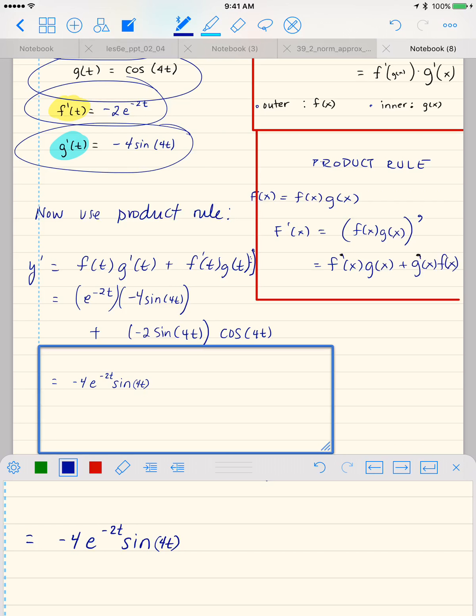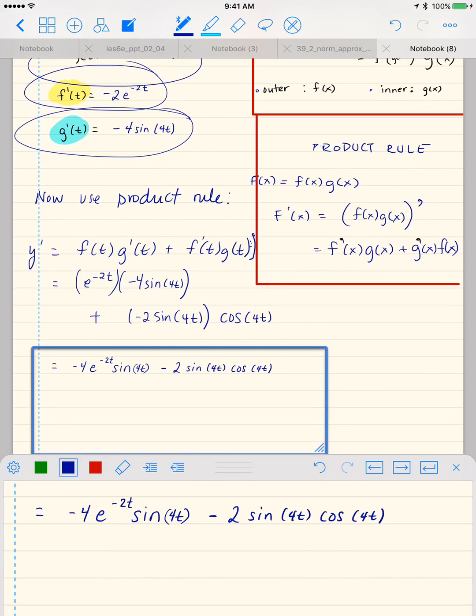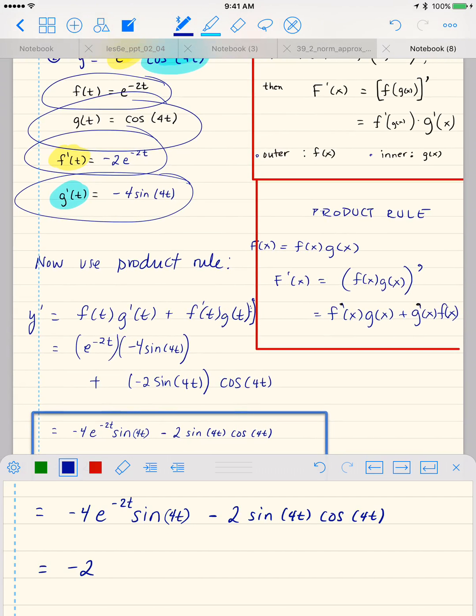And now I've got minus 2 sine 4t cosine 4t. So if I wanted to, I could simplify this and pull out a negative 2, let's see here.